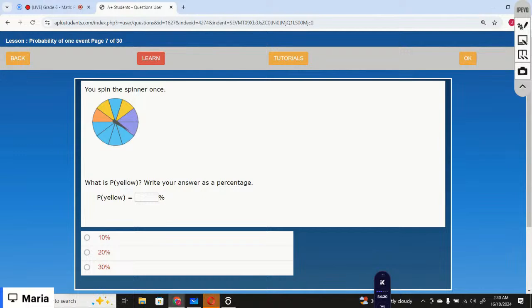You spin the spinner once. What is the probability of yellow? Which is the correct option?